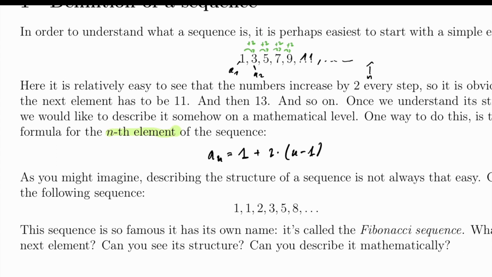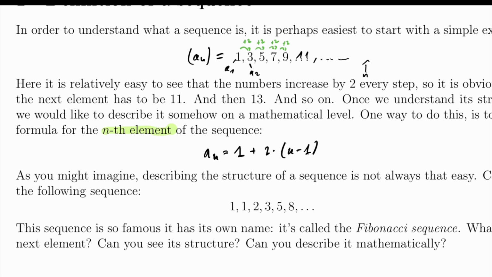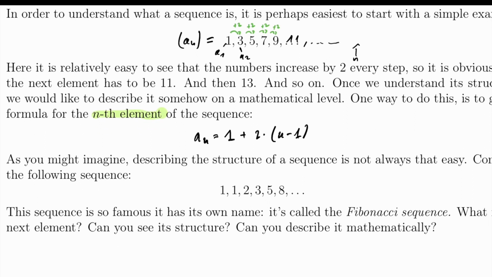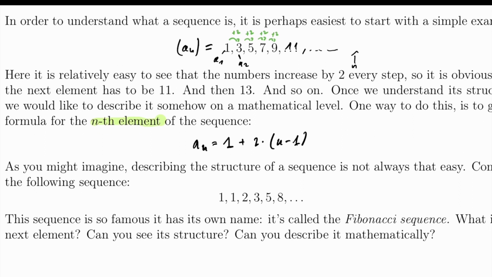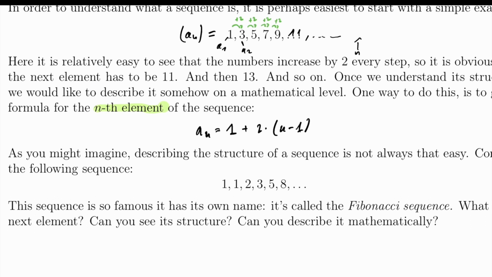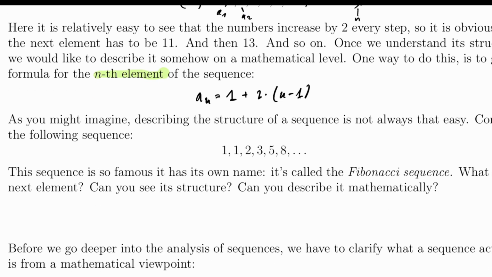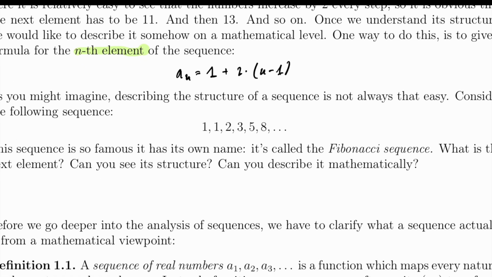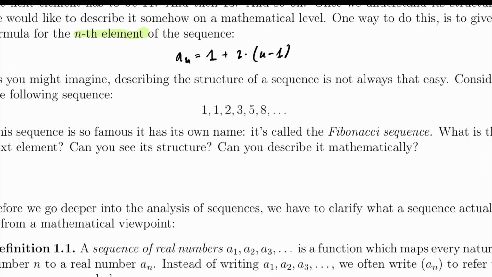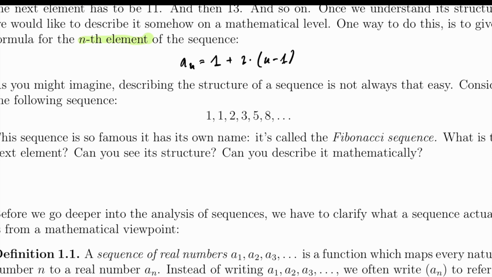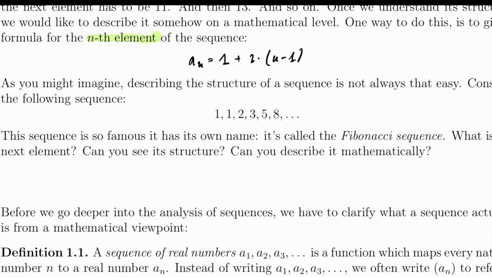Often you then describe a sequence with, in brackets, an, like this, and that is the whole sequence at once if you use brackets. But the most important is that you're able to label the elements a1, a2, an and know what they mean.